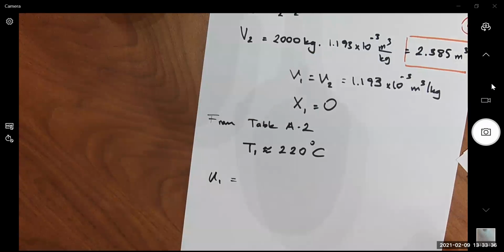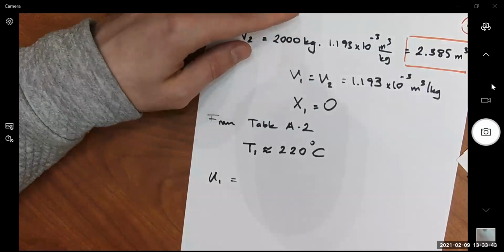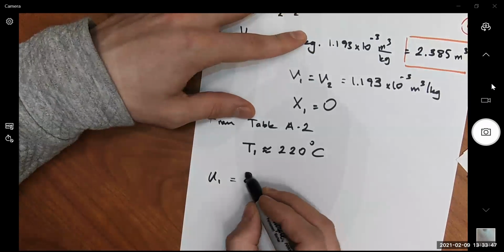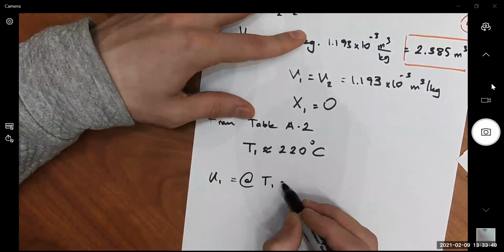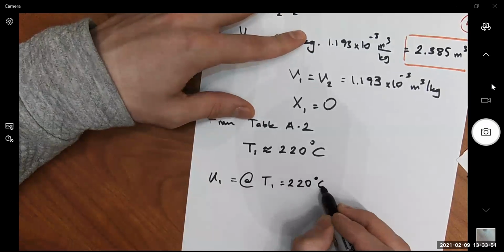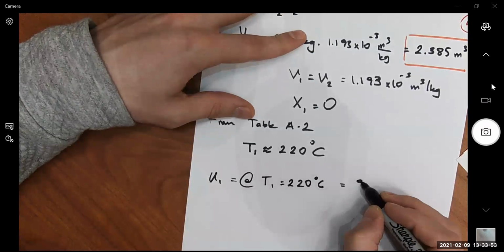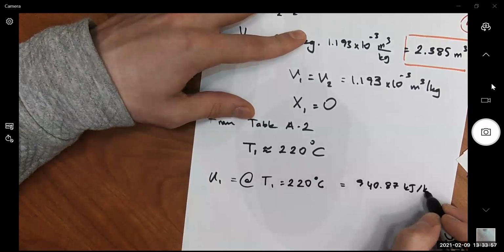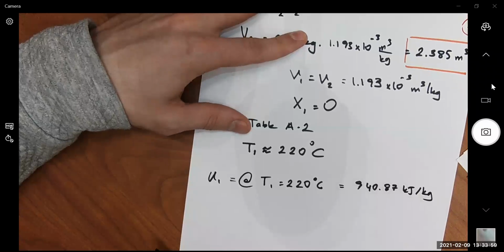It will be 940.87 kilojoules per kilogram at temperature 220 Celsius, it will be 940.37 kilojoules per kilogram.